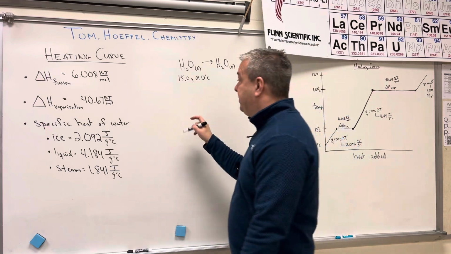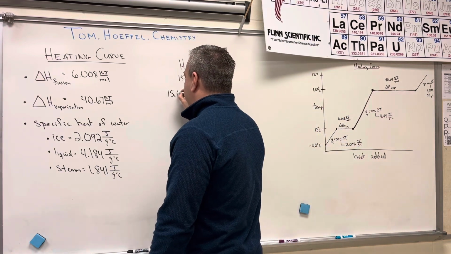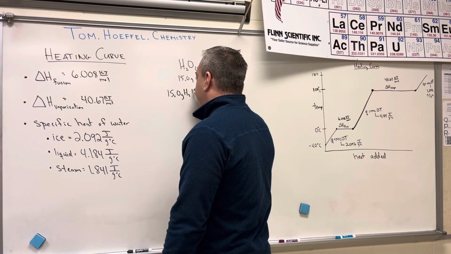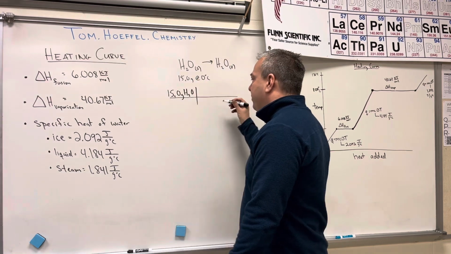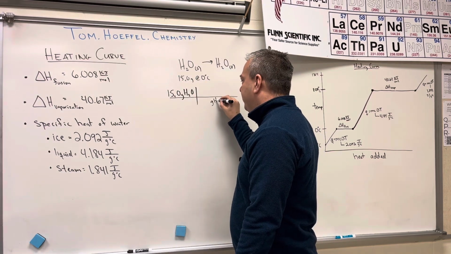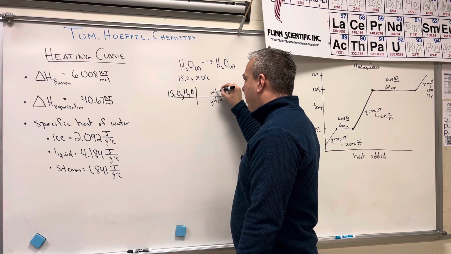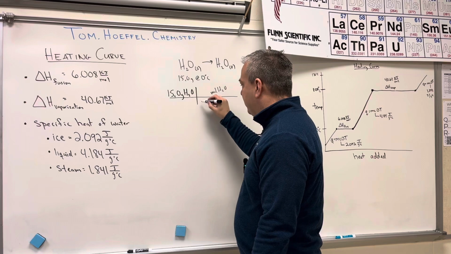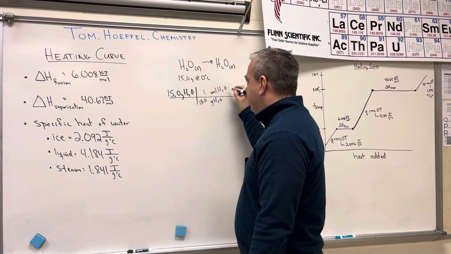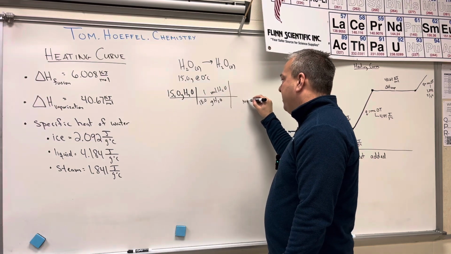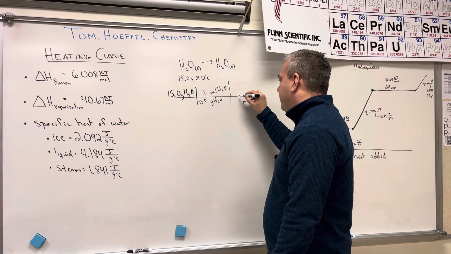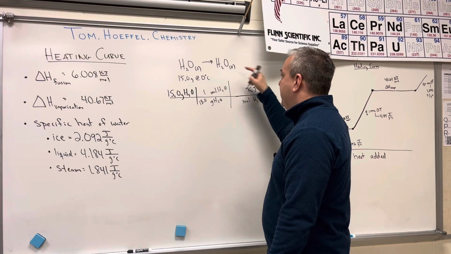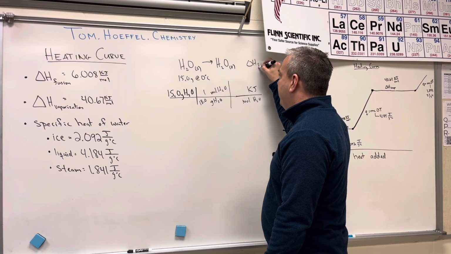But I'm in grams. So my first step is to get the grams of water and convert the grams of water into moles of water, and I'm using the molar mass. So I add up 1 oxygen and 2 hydrogens, 18 grams per mole, and then I'm going to convert the moles of water into energy because I have the heat of fusion.